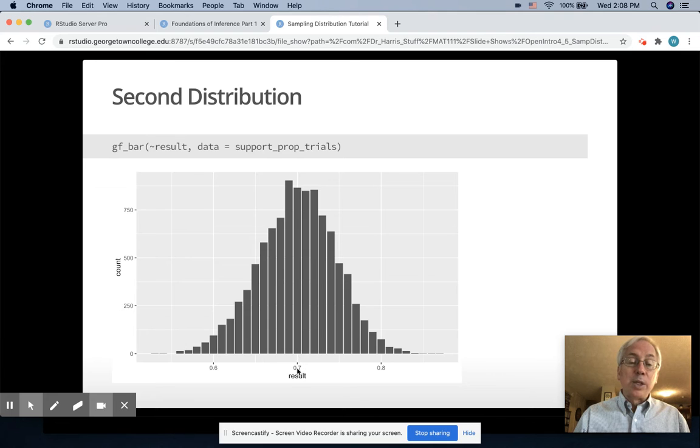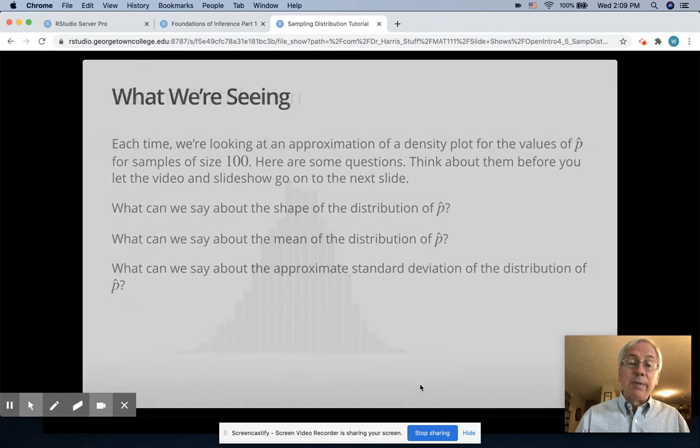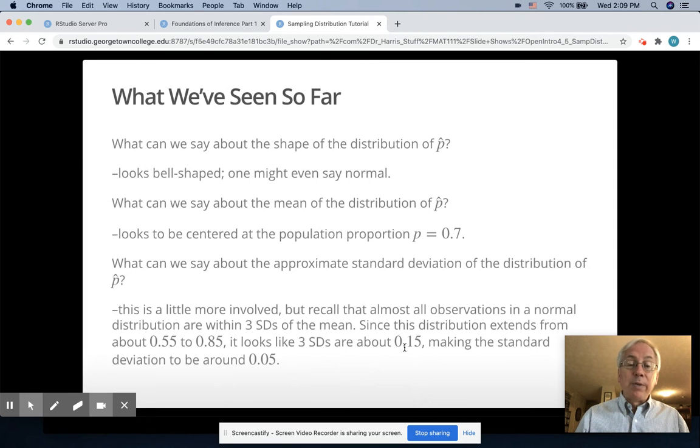So 3 standard deviations would be the distance from the center to one of those edges, the distance from 0.7 to 0.85. And so 0.15 is about the distance from the center to capture almost all the observations. If 3 standard deviations is 0.15, that would make a single standard deviation 0.15 divided by 3, or 0.05.